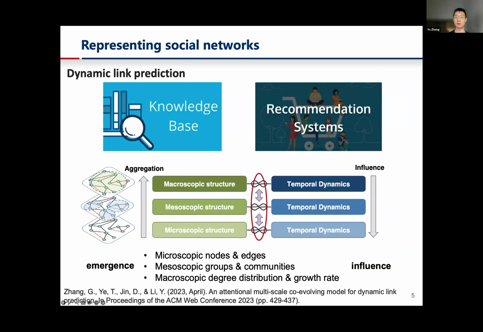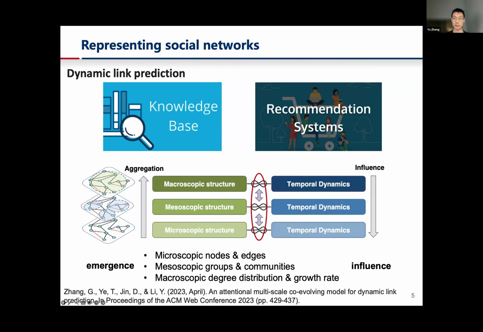The first application of representing social networks is dynamic link prediction, which is defined as estimating the likelihood of a future connection between 2 given nodes in a time-varying network based on the observed data. This task is considered one of the critical problems in network science, and it has been the foundation of various applications such as constructing knowledge bases or building recommender systems.